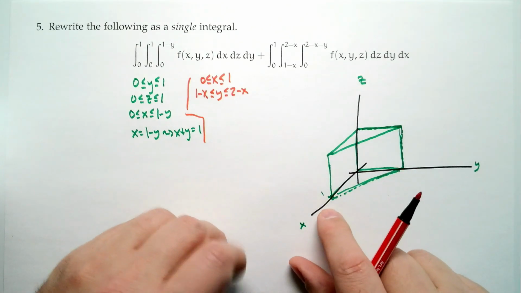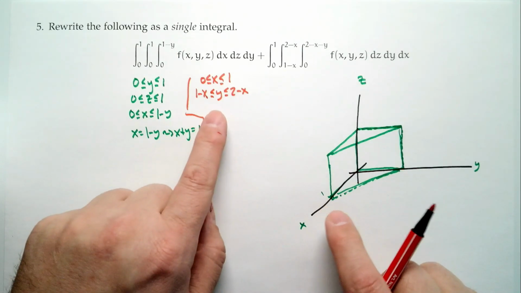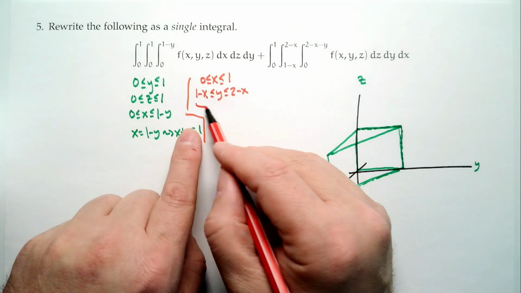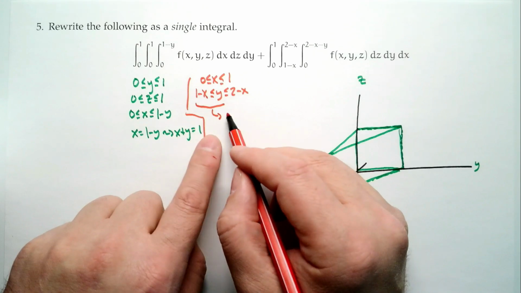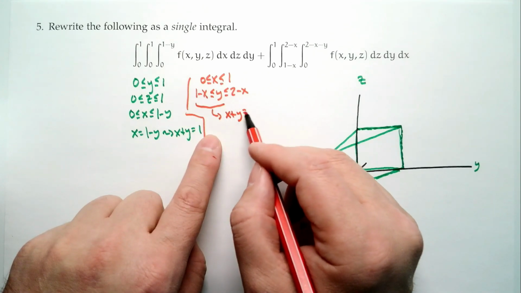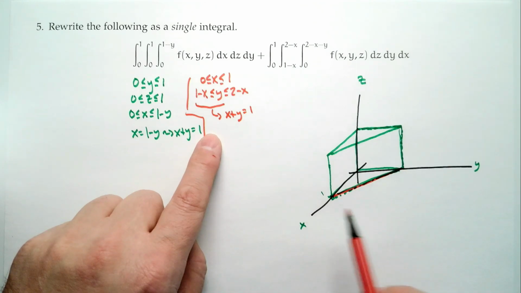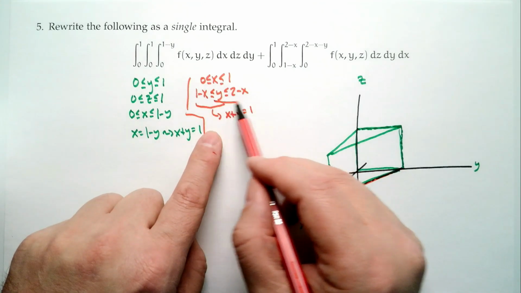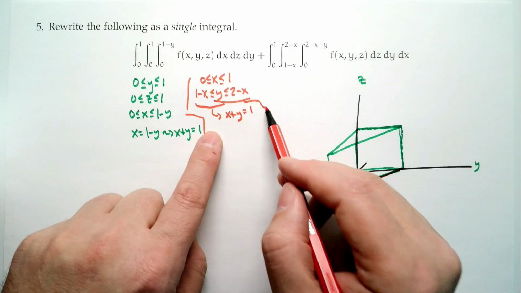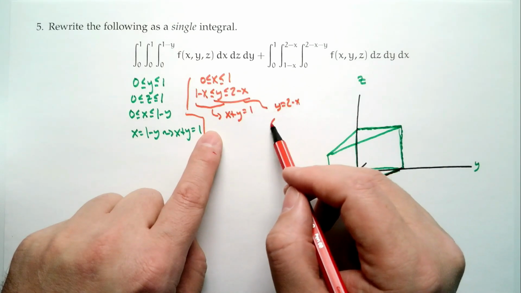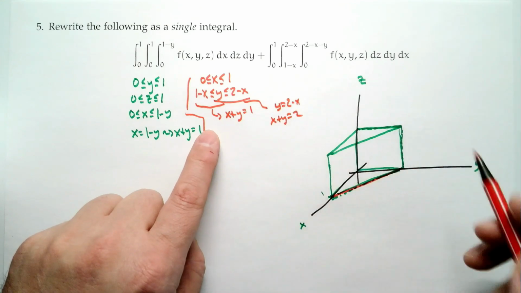Now, we can actually think for a second about what's going on here. We talked about y equals 1 minus x. If we look at that, that's the same line that we've mentioned before, x plus y equals 1. So you're going from this line x plus y equals 1 out to a different line, namely this line y is 2 minus x, which you can rewrite as x plus y equals 2.